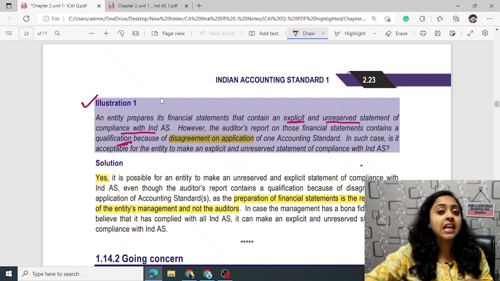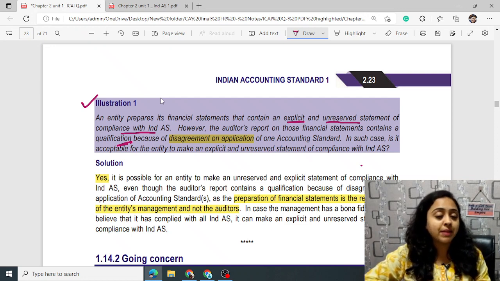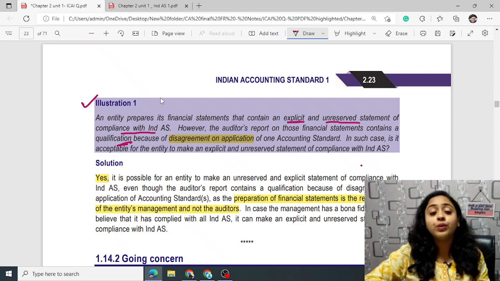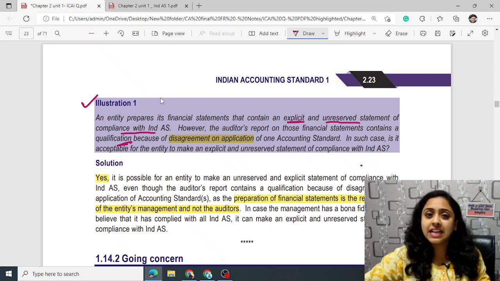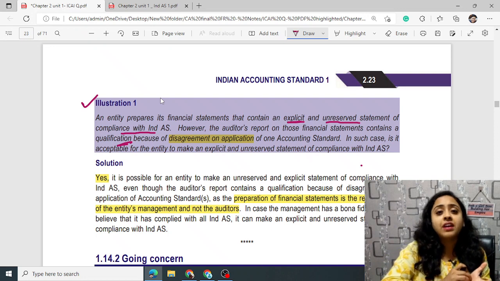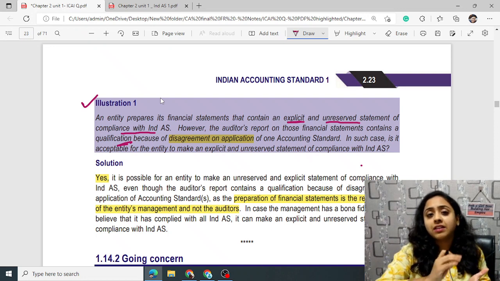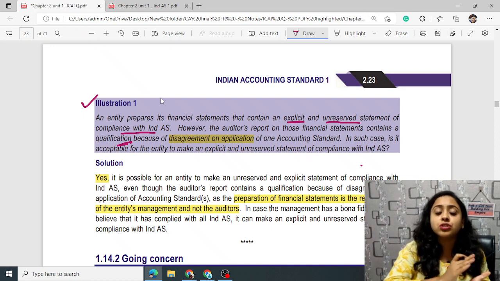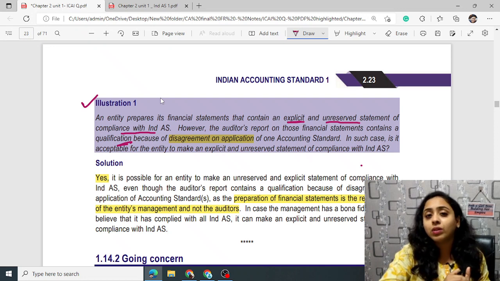You know this: even though there is disagreement on the application, what do we do? We consider such financial statements compliant with Ind AS, unless the management is stating what? A condition is that the management should clearly, explicitly and unreservedly state that they have complied with all the Ind AS.